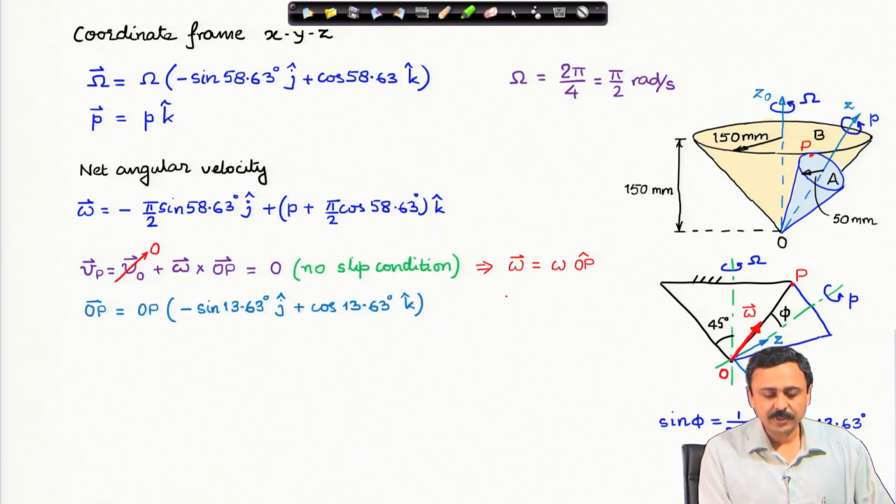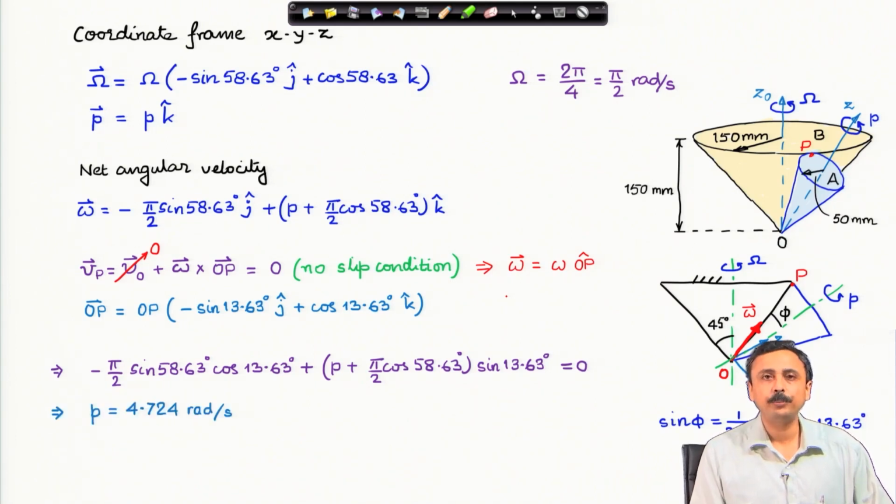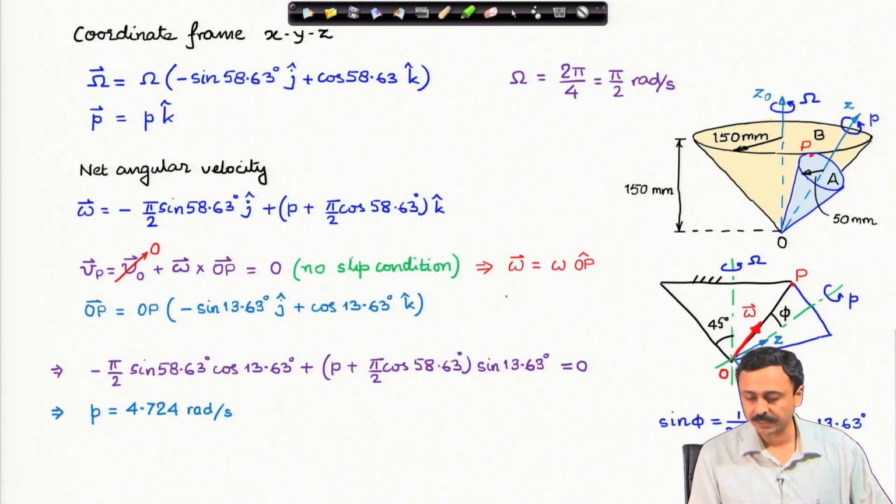Now, OP vector I can represent very easily. I have this angle phi, I can represent this vector in xyz, which I have done, and this is omega cross OP's expression. I have done the algebraic calculations. You can easily do this and put that to 0, and if you do that, from here you can solve for P, and that is P equal to 4.724 radian per second.